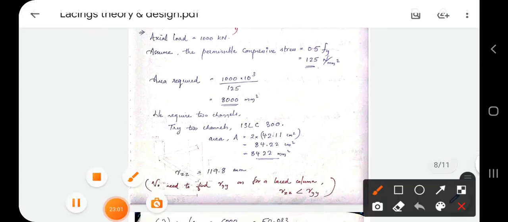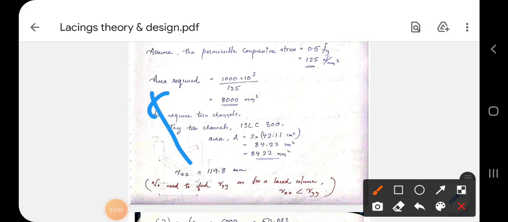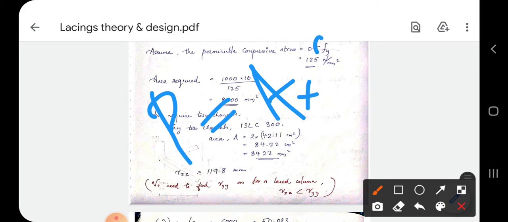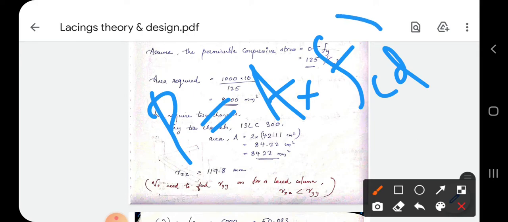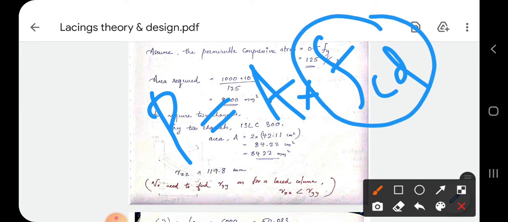By using the equation that we know, the compressive strength P is equal to effective area A into stress, the permissible design compressive stress FCD. But here we are assuming permissible compressive stress as 125, and the load, the factored load, is given, such that we have to find the area.